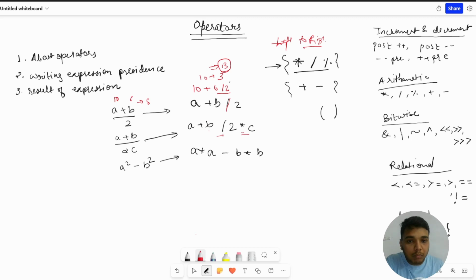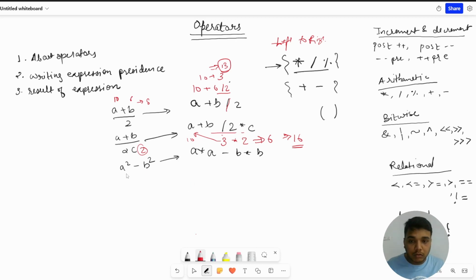B divided by 2, then the answer will get multiplied by c, then it will get added to a. In our case, b is 6, so 6 divided by 2 is 3, and 3 multiplied by c, suppose c is 2, so 3 multiplied by 2 is 6, and it will get added to a, which is 10. So our output will be 16. So this is our precedence.